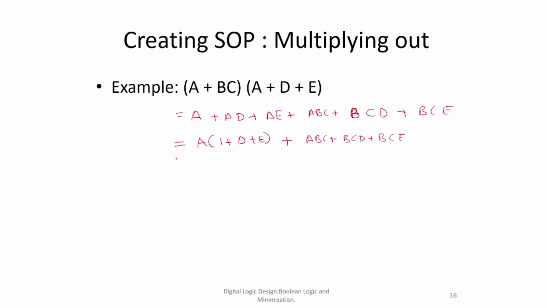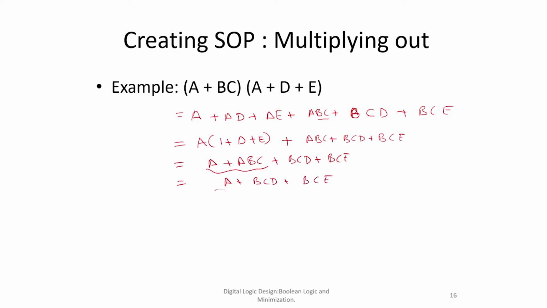Now I can also take this BC as a part of this, so we can take that in the next step. A plus ABC plus BCD plus BCE. Now there also we find A as a common, so similar to this, we can eliminate this, so this will become A plus BCD plus BCE.